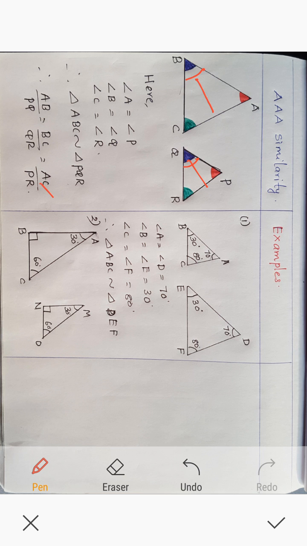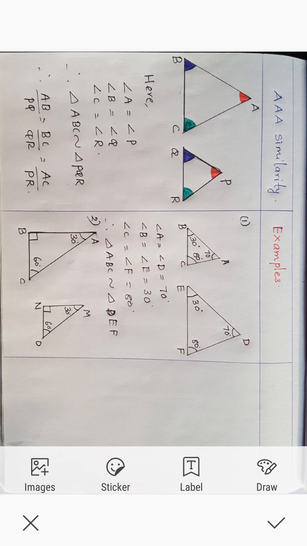Opposite side of angle Q is PR. So, while selecting the corresponding sides, we have to check the angles. First find the equal angles, then the sides opposite to those equal angles will be proportional.